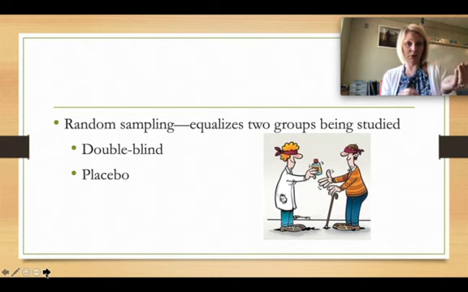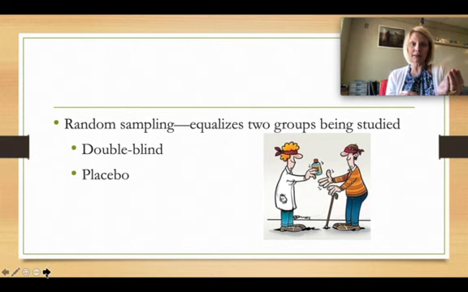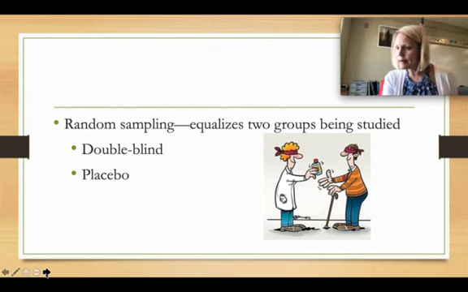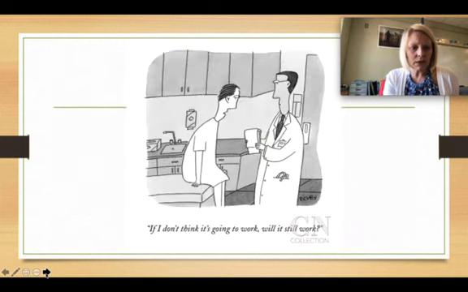Because if the experimental group is feeling great, and the control group is feeling great, and the control group is only getting the placebo, we got a problem. You see what I'm saying here? So a placebo is a really powerful tool to see how good the experiment is, really the manipulation is.